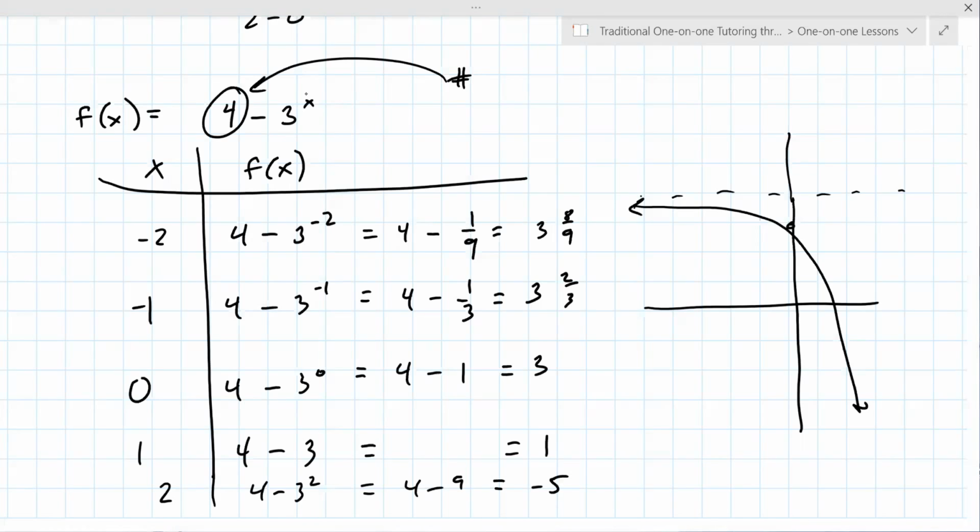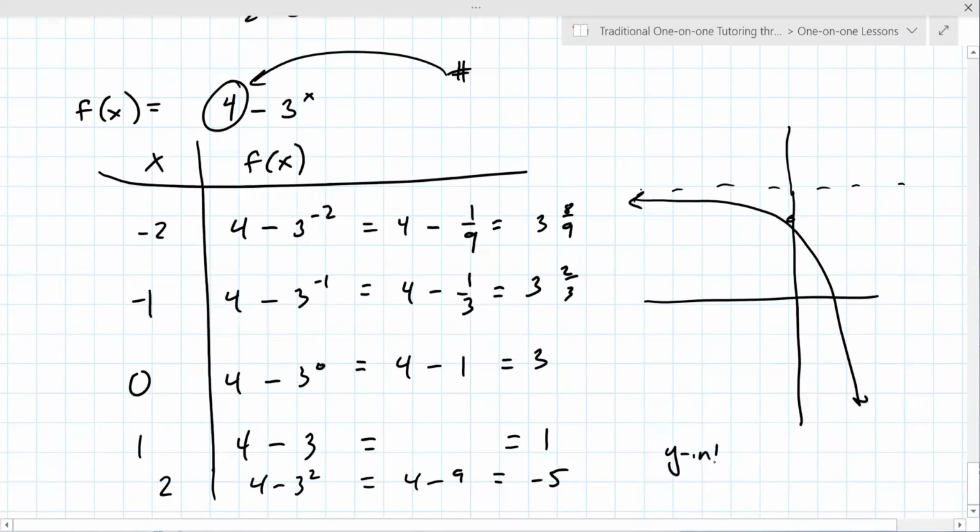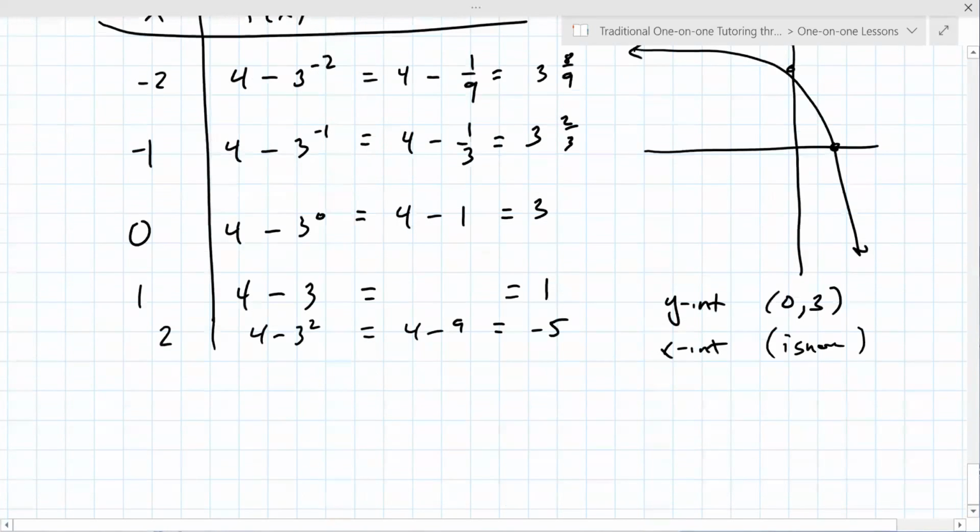That makes sense. Okay, so the next thing is your domain. Oh, actually, we did the y-intercept. So your y-intercept is 0, 3. Your x-intercept, this one has none this time, so just ignore that for the moment, because you probably won't get anything like that. Your domain is x such that x is an element of the real numbers.